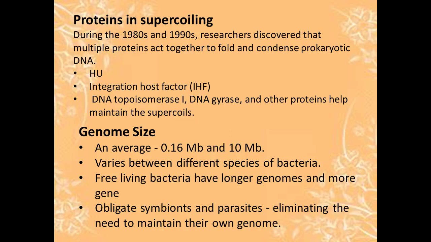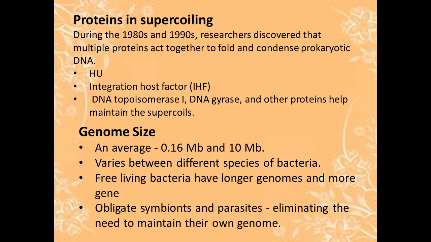Proteins involved in supercoiling. During the 1980s and 1990s, researchers discovered that multiple proteins act together to fold and condense prokaryotic DNA. In particular, one protein called HU, which is the most abundant protein in the nucleoid, works with an enzyme called topoisomerase 1 to bind DNA and introduce sharp bends in the chromosome, generating the tension necessary for negative supercoiling.